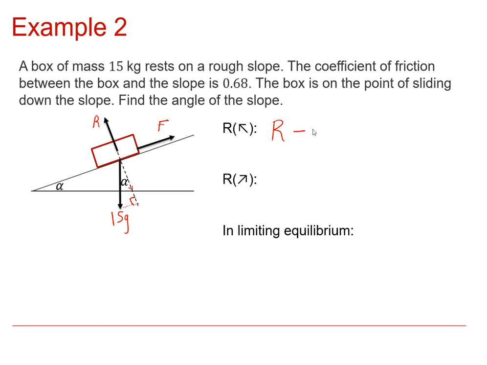So we have R minus 15g cos alpha will equal 0 because it's an equilibrium, and then that means that R itself will be equal to 15g cos alpha.